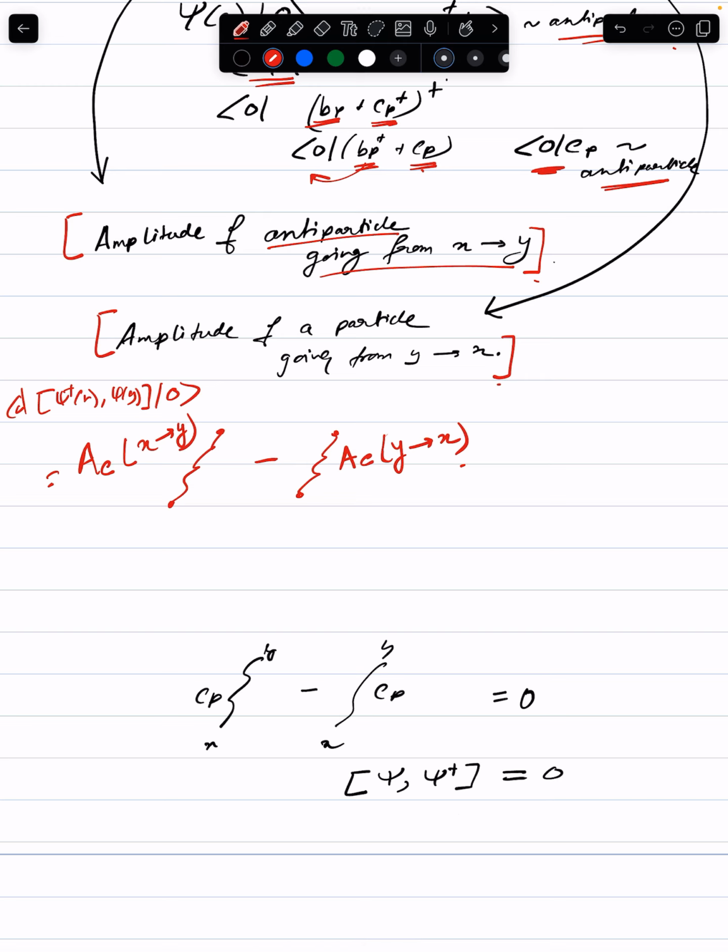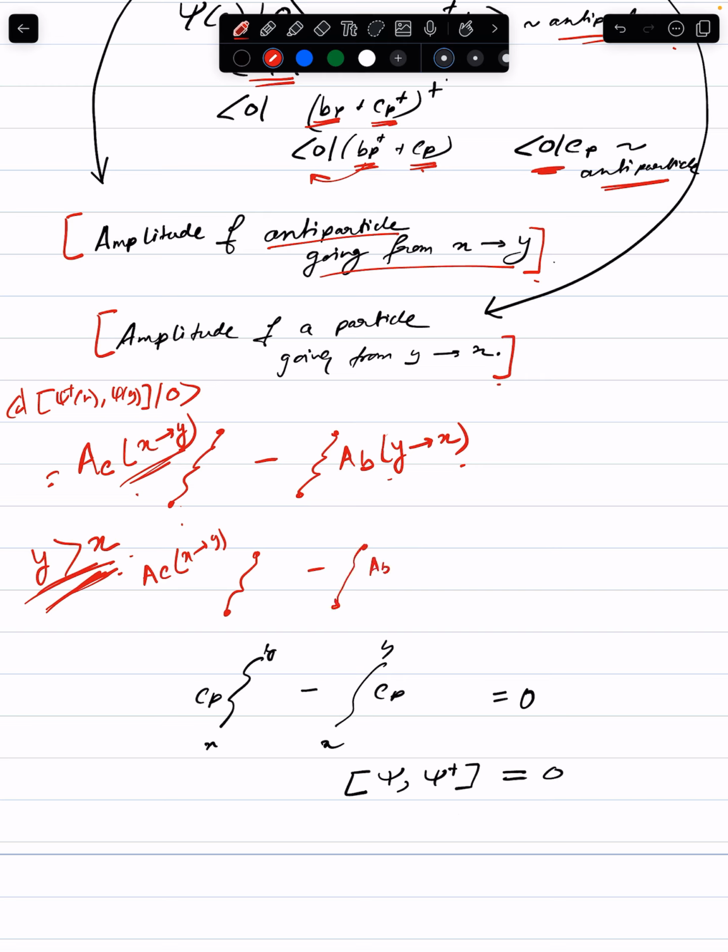Now consider a situation where y happens later than x. So we have, for this person, the space-like separation, I can go to a frame where y is happening later. So in this frame, I have this quantity which is x goes to y, and I have this, a particle going from y to x. And now what we can consider is the time lag separated, so this goes to this for this observer, and this goes to this.